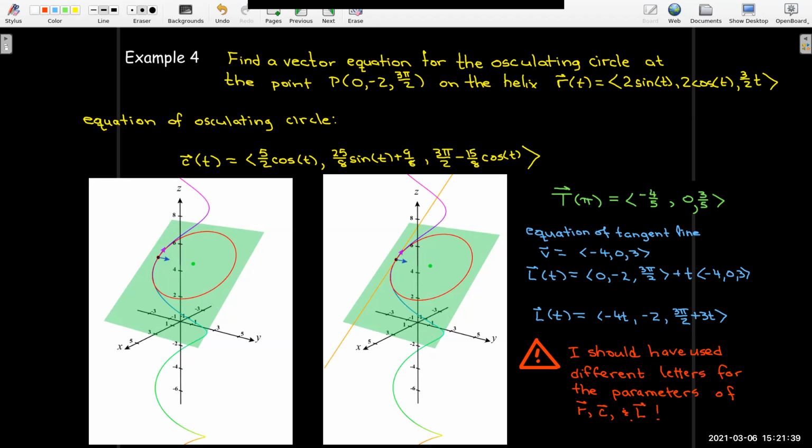Because it gives the impression that the t that we're using for the tangent line is the same as the t that we're using for the osculating circle, which is the same as the t that we're using for the original helix, and that's not true.